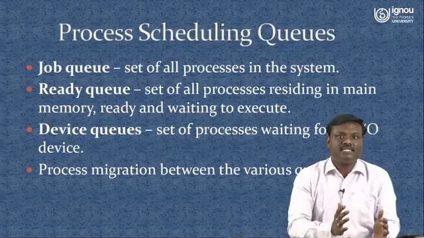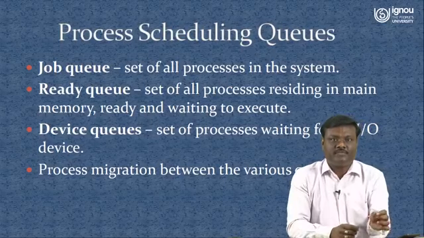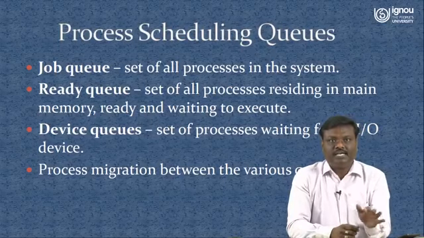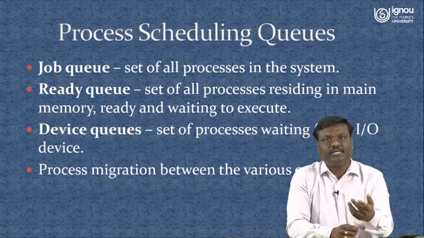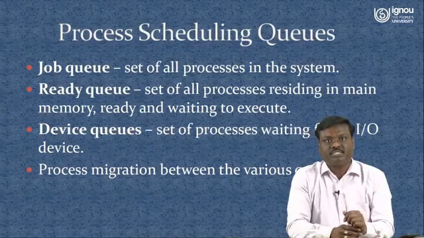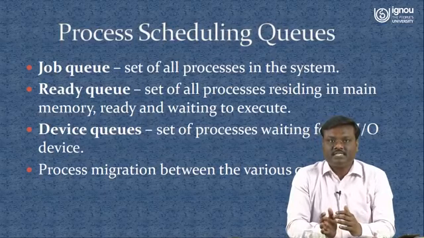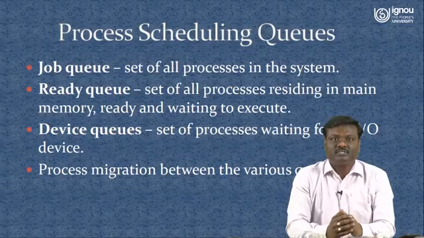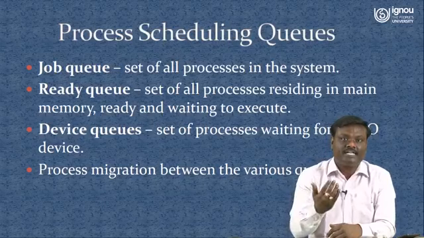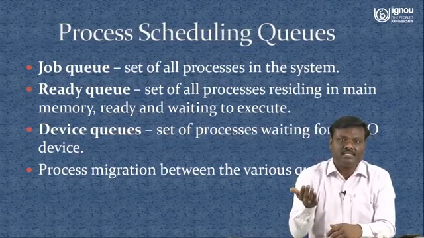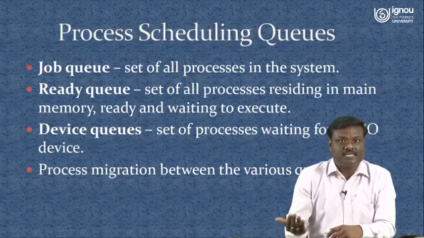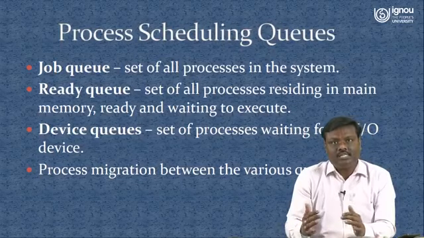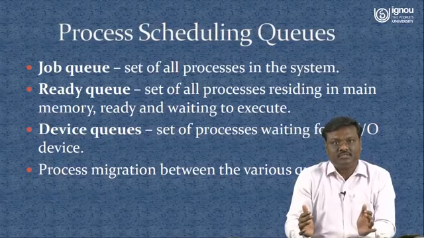There may also be certain device queues. Suppose a printer is attached, then there will be a queue to procure the printer and get the job done by various processes. The hard disk may be one of the resources, and then an external magnetic tape, magnetic disk, CD drive, or external hard disk may be attached. All this comes under resources.